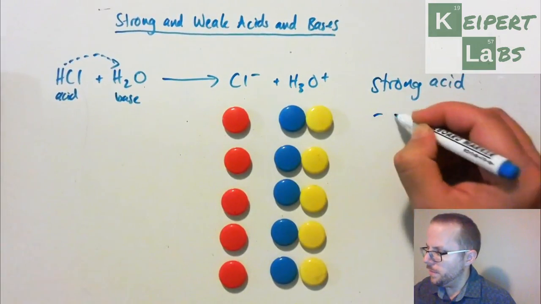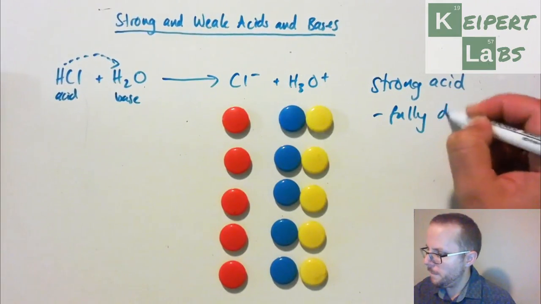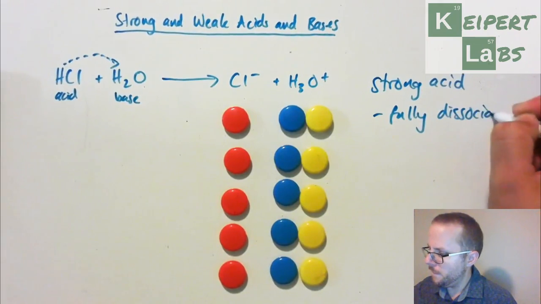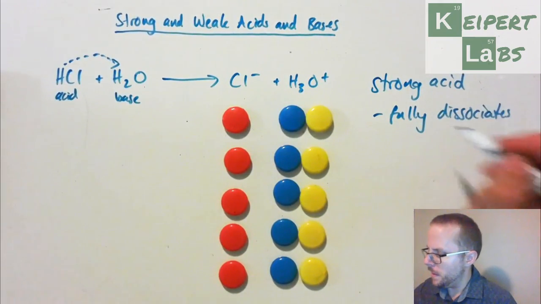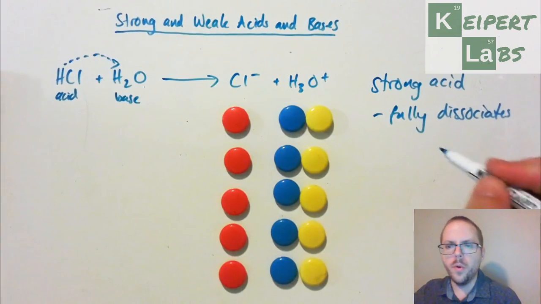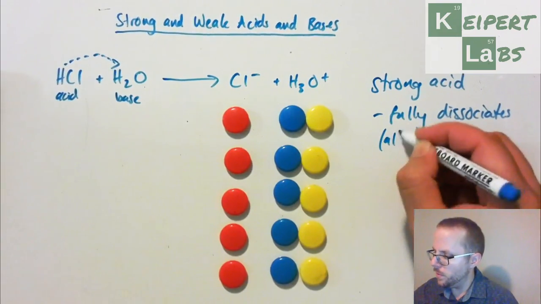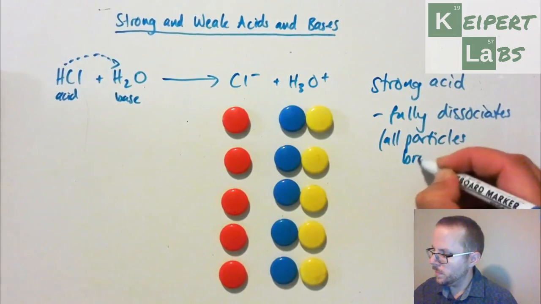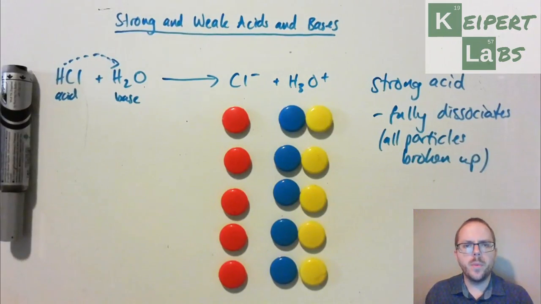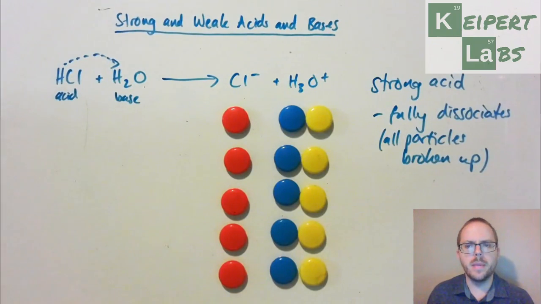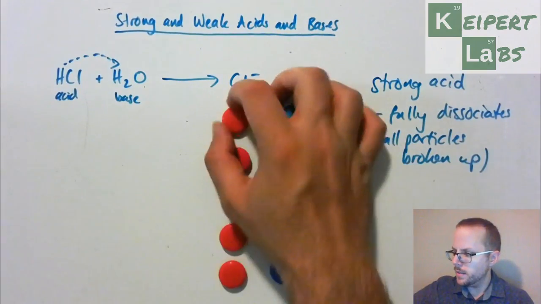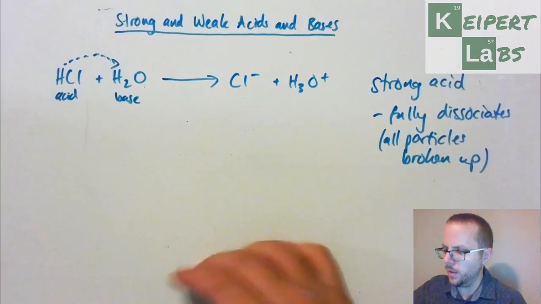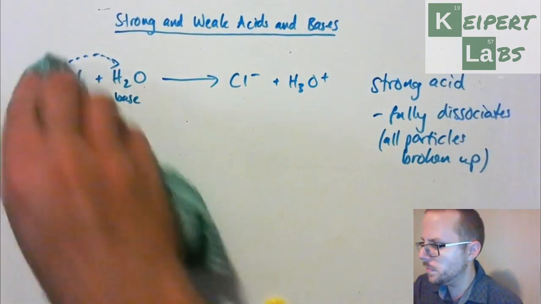That is, it fully dissociates, so all particles are broken up. So we would say that this particular example is a strong acid: all the particles of HCl have broken up. Now let's clear these away and look at a slightly different example.